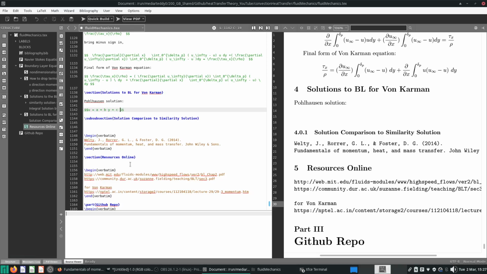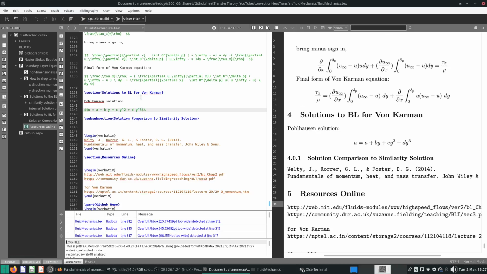So, for example, velocity u equals a, which is some constant, plus by plus cy squared plus dy cubed. Of course, you can put other forms of functions as well, but I mean, this is pretty intuitive.